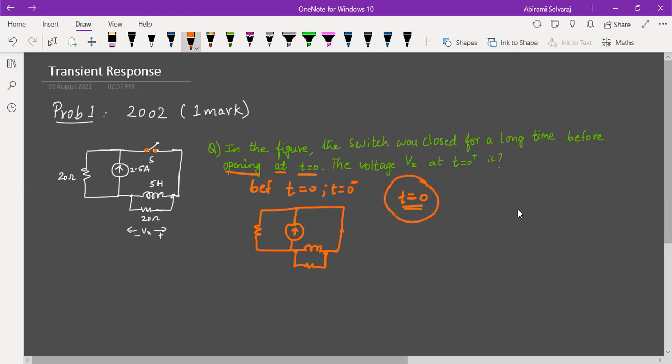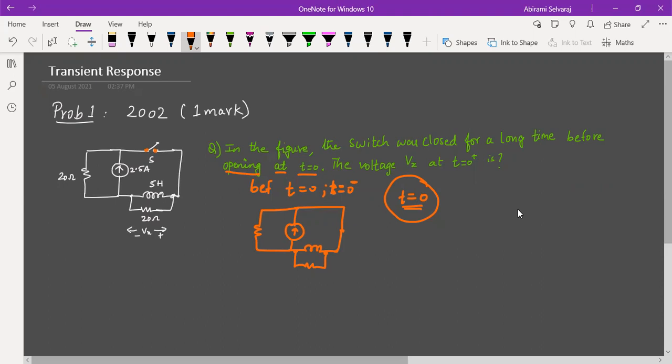So t equal to 0 minus is just before we open the switch, because at t equal to 0 is where our action happens. Our action is opening the switch. It could be opening or closing; in this question, it is opening at t equal to 0. Whatever happens before t equal to 0, I call t equal to 0 minus.